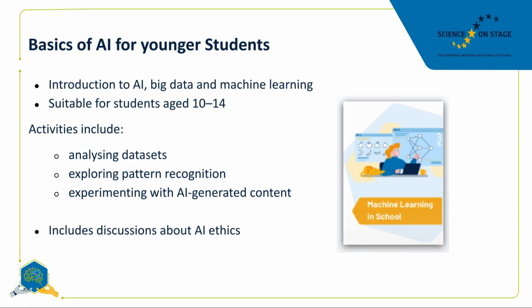Activities may include analyzing simple data sets, recognizing patterns, or experimenting with tools that generate content, such as text or images. An important part of this unit is also discussing ethical aspects of AI, such as data privacy and responsible use of this technology. This helps students understand AI is not only a technical topic, but also a social and ethical issue.